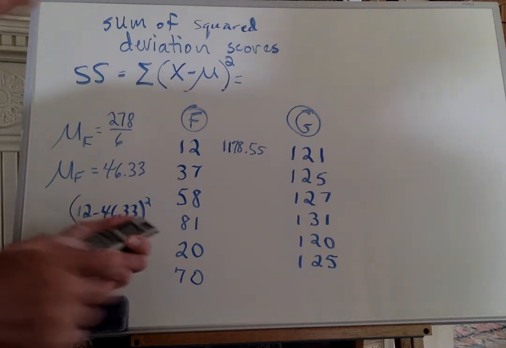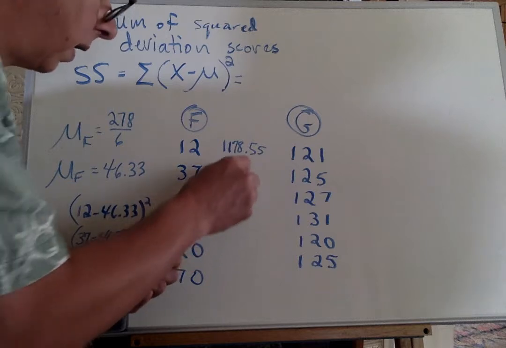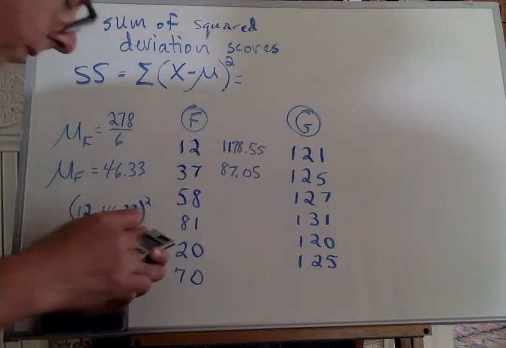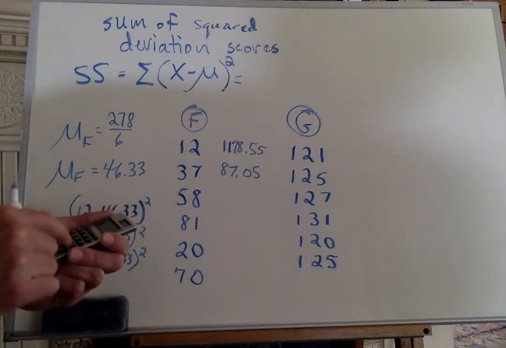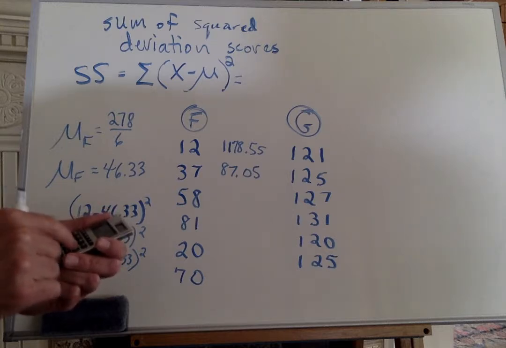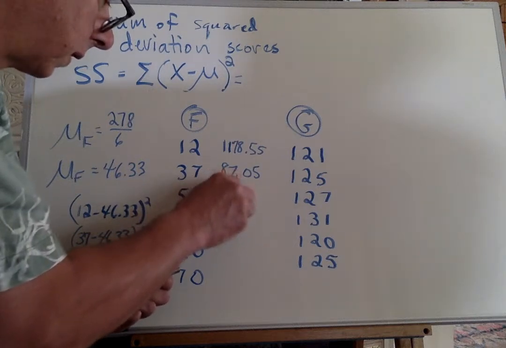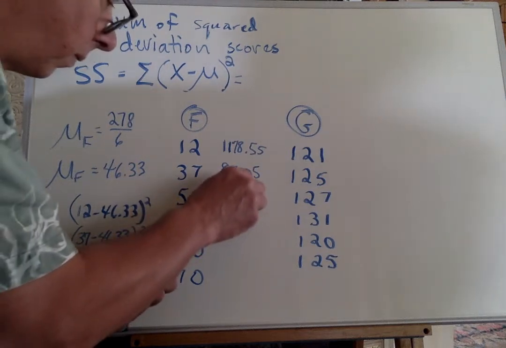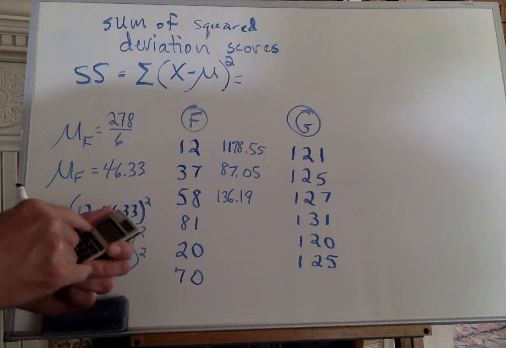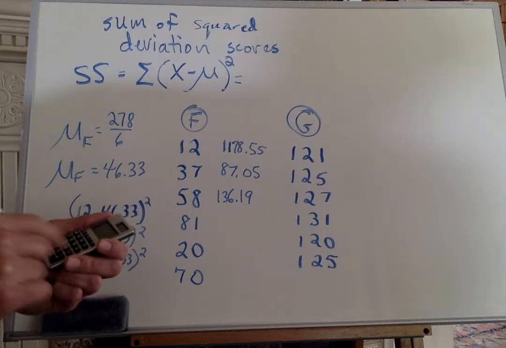Square that. 87.05. Okay. 58 minus 46.33 equals. We'll square that. 136.19. 81 minus 46.33 equals.